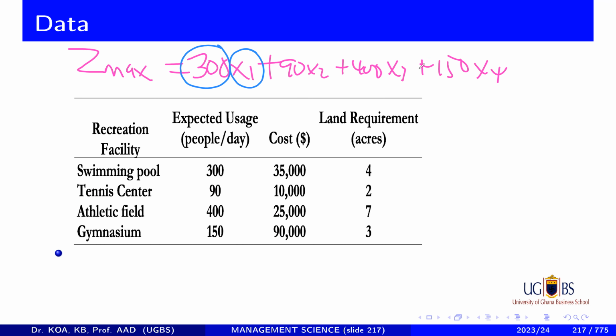Hello, sir. Yeah. This 300x1 is the total expected usage for using the swimming pool. No, there's nothing called total expected usage for using the swimming pool. I know what you're saying, because we always talk about profits. So your mind is on the total profit and then the individual profit.